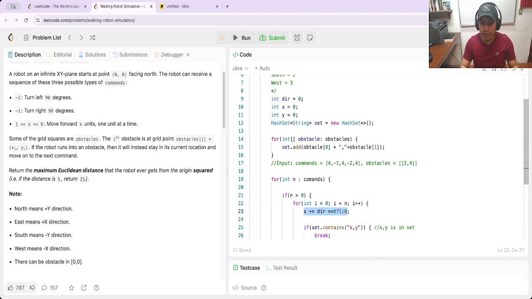In this case it is the same with y. There it's equal, in this case is 1.